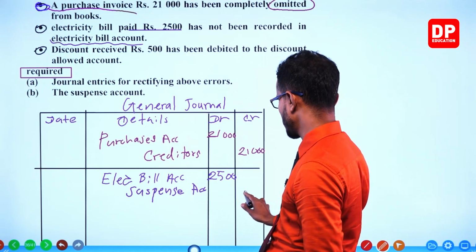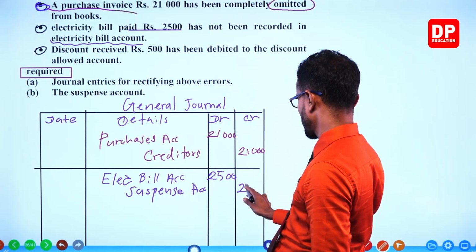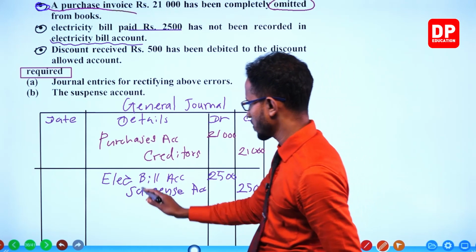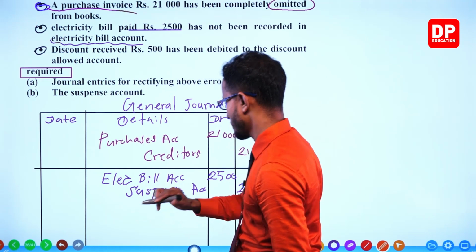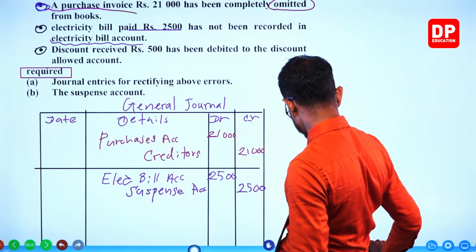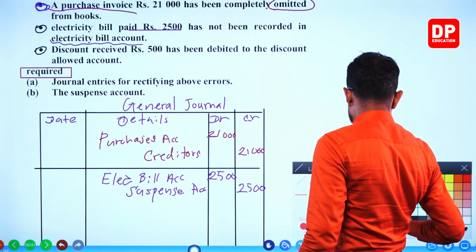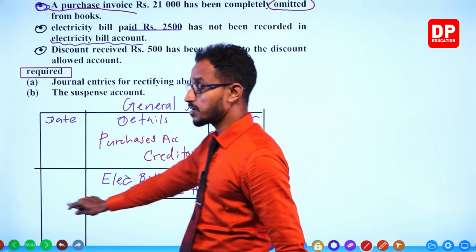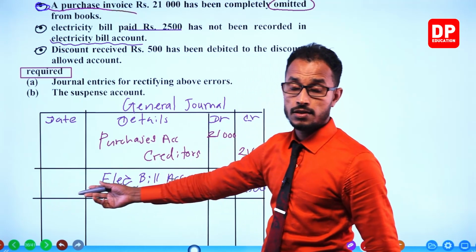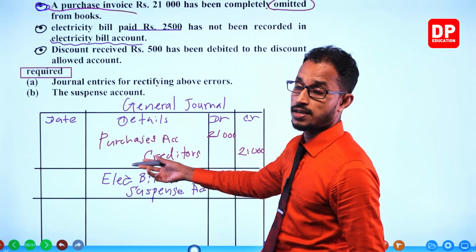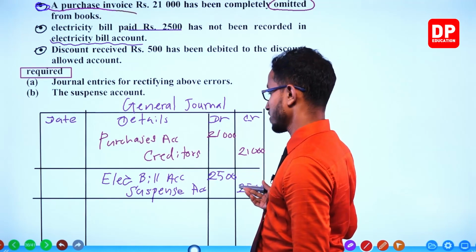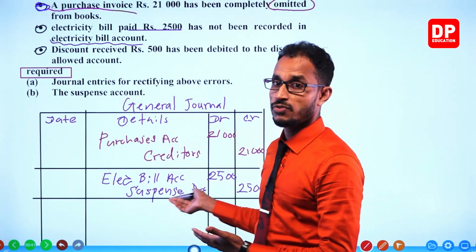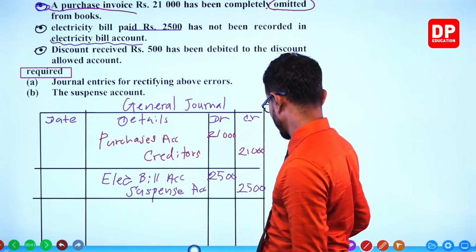Suspense account credit 2,500. Done. Write the narration, okay? Don't let me say it again. Don't let me do it for you.